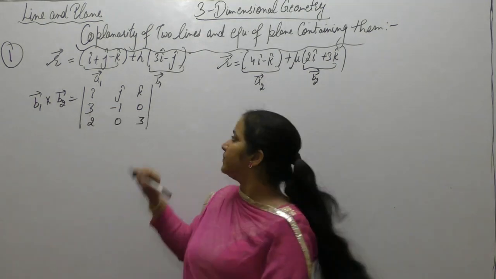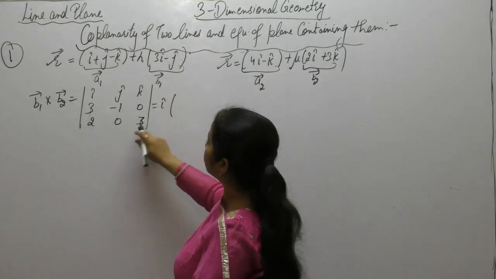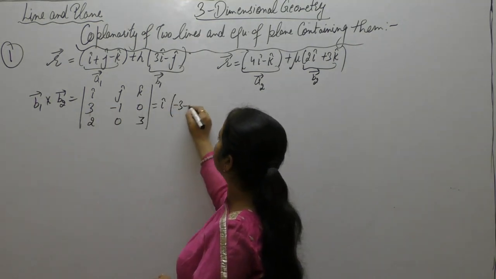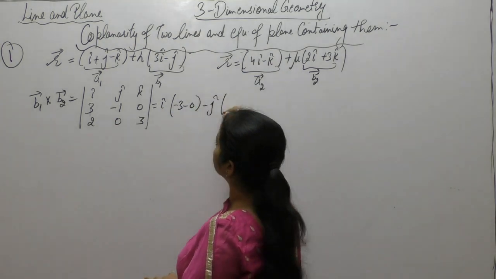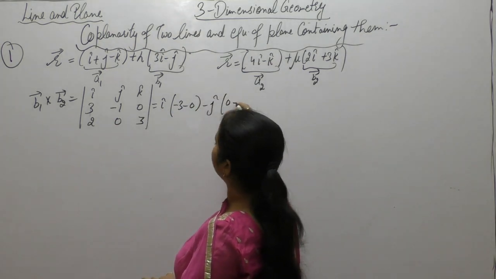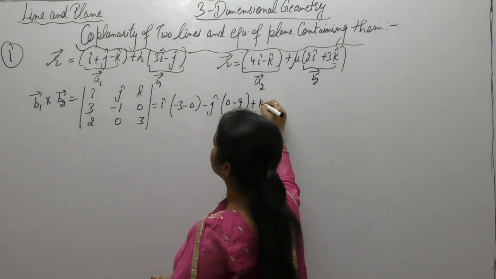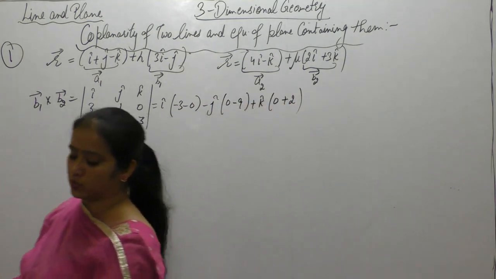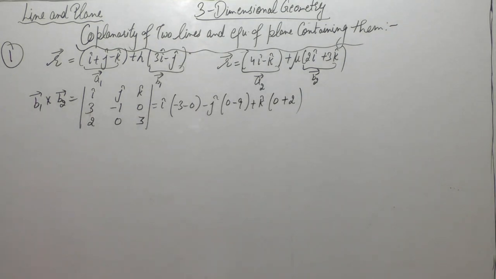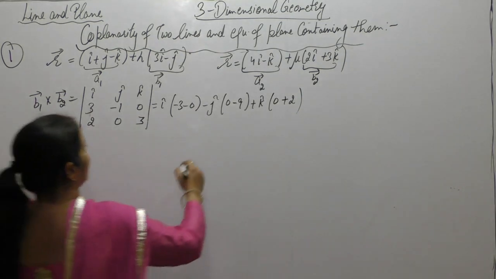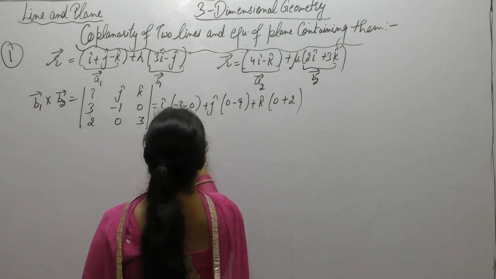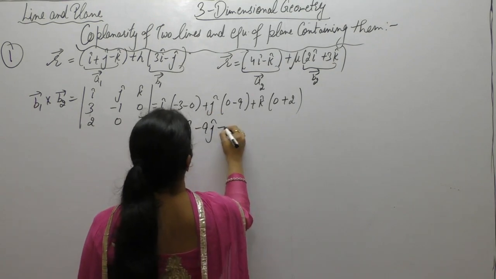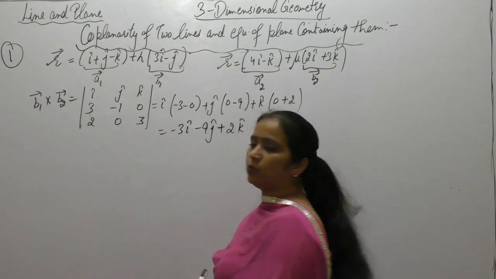So b1 cross b2 will be minus 3, minus 0, 0 minus 9, and k is 0 minus minus 2, plus 2. So b1 cross b2 has the value minus 3i minus 9j plus 2k.